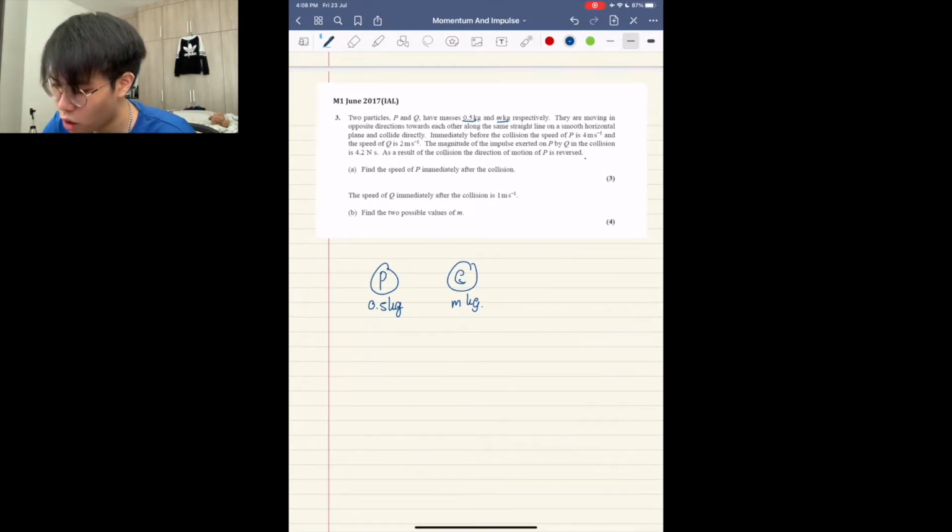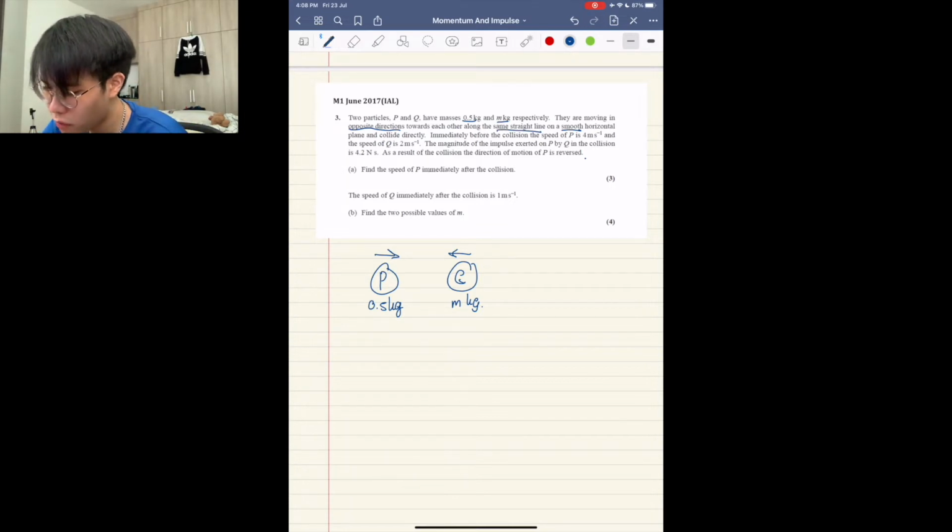They are moving in opposite directions along the same straight line on a smooth horizontal plane. Smooth means no friction, and same straight line means one dimension.